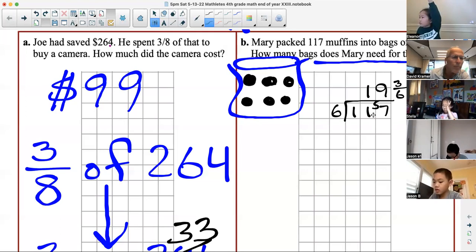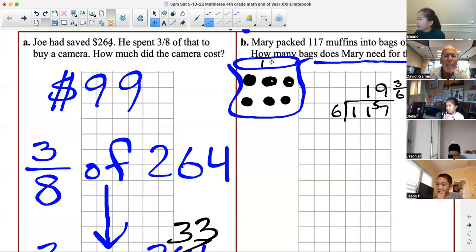Eleanor? I think she needs 20 bags. Why is she going to need 20 bags when 117 divided by 6 is 19 and a half? Why would she need 20, Eleanor? Because there are 3 that she cannot fit in the last bag.